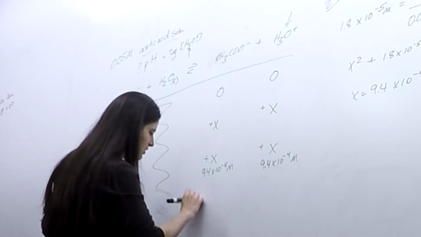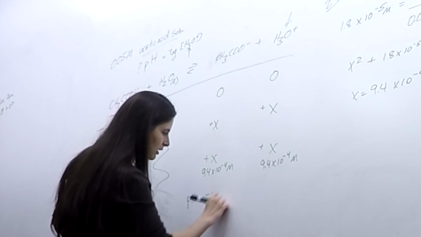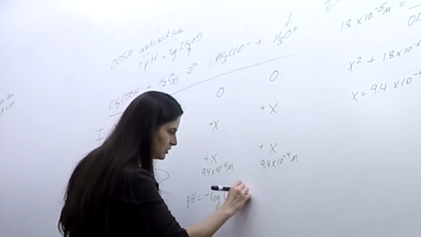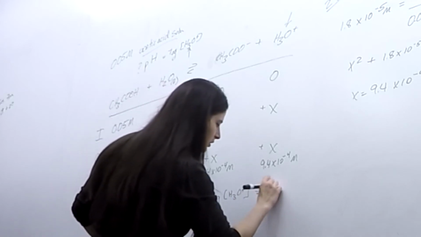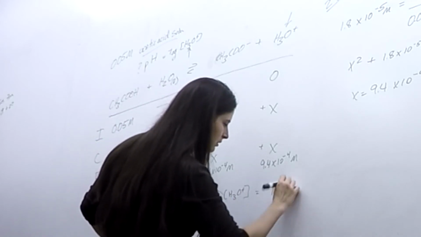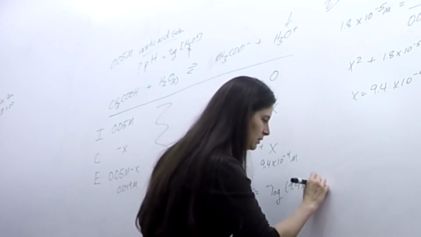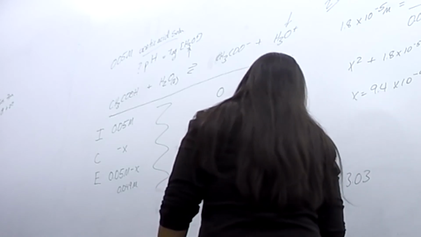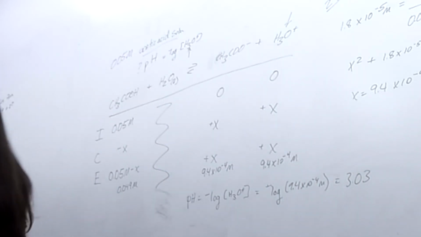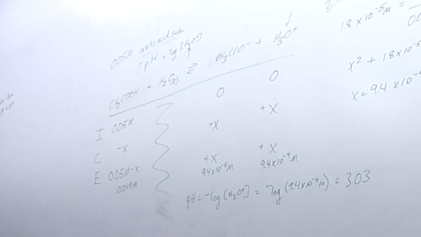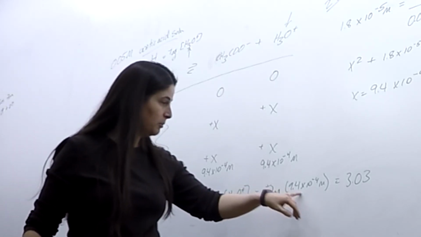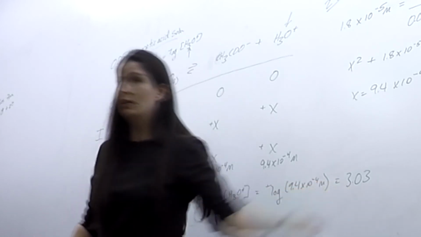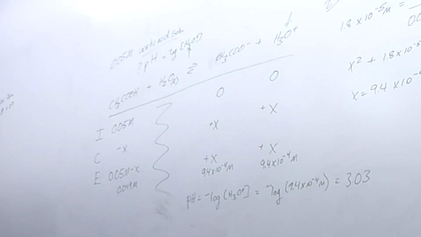Now, if you want the pH, you want to take negative log of the concentration of your hydronium ion, so negative log is 3.03. All right, so much lower concentration here than the 0.5 there, much higher pH, less acidic.